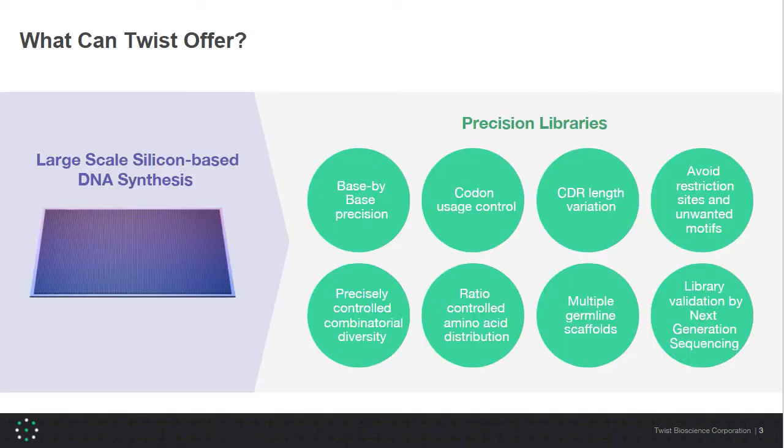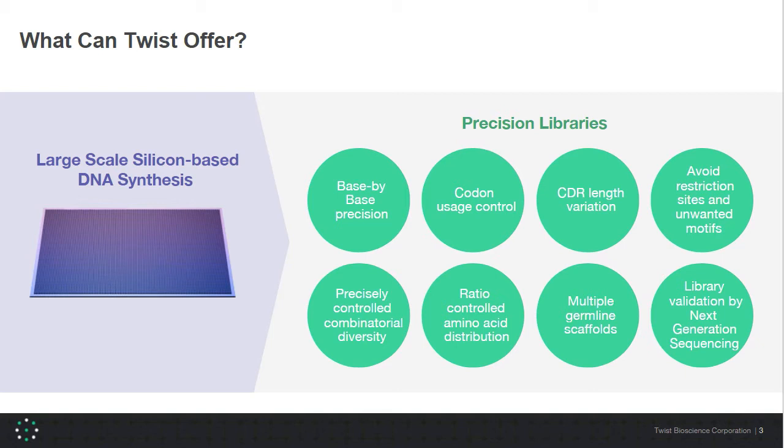So how do we do that? Again, we use these oligo pools, and we combine them together in different ways using constant synthetic DNA as well to give us these very precise libraries that have base-by-base precision. We can exactly choose all the codons we put into individual parts of the libraries that we create. In terms of making antibody libraries, as you'll see later, it's very easy for us to vary the length of oligos, like the CDRs in our antibody libraries.